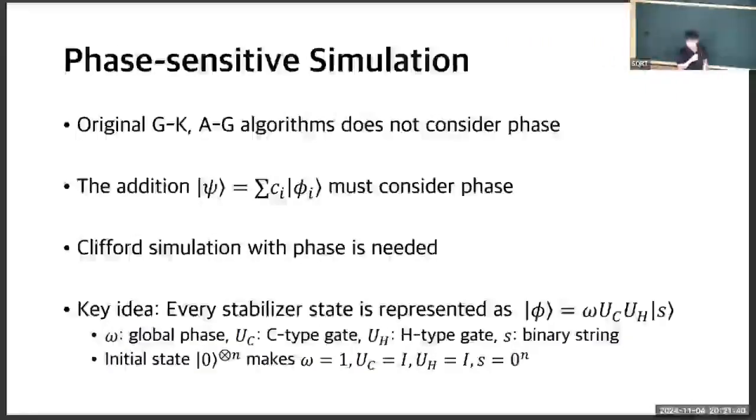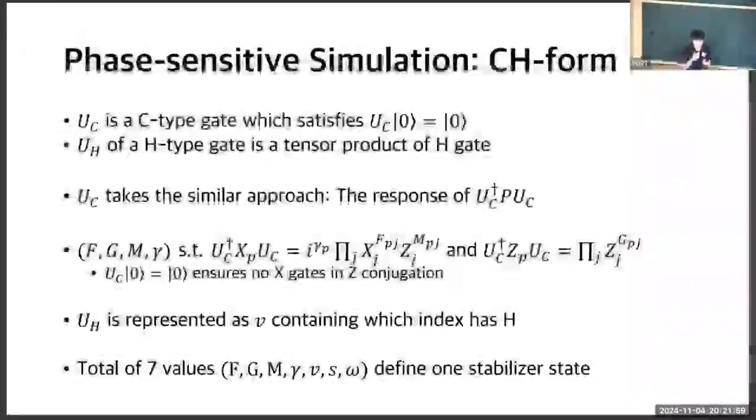And the initial state would just have omega equals 1, UC equals I, UH equals I, and S equals 0. And the C-type gate and H-type gate will be explained in the next slide.